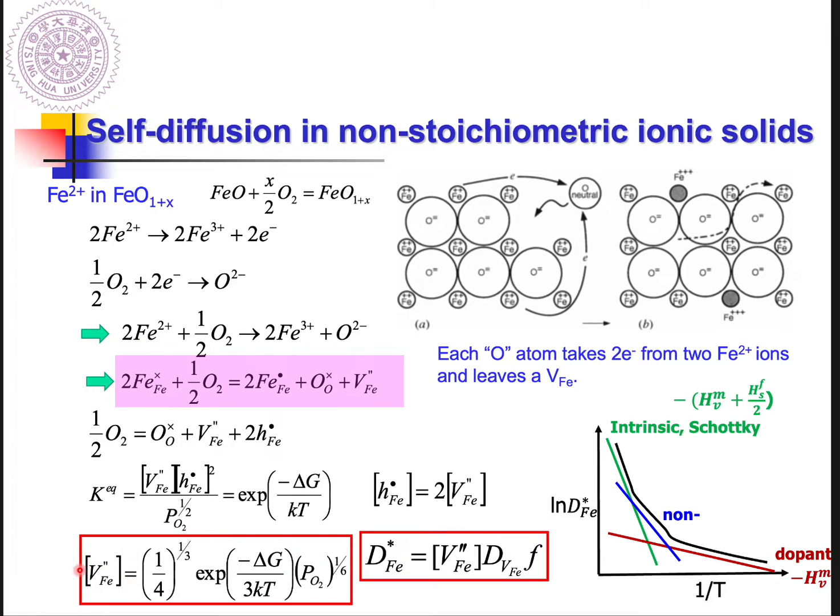This vacancy is going to be proportional to the partial pressure of oxygen, and also the exponential minus energy term, and the temperature term. As long as we know this, we can substitute it, right? So we can get the self-diffusivity for this ion in the non-stoichiometry region.